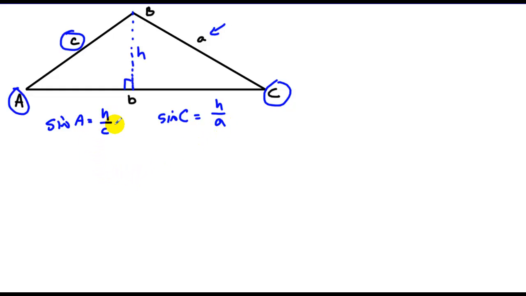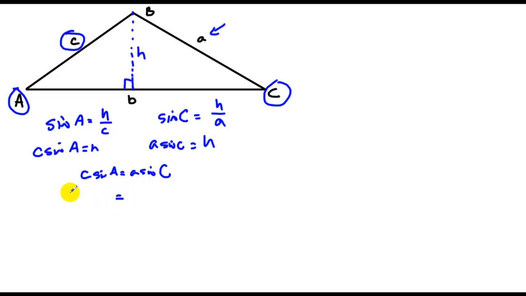Now, doing a little bit of algebra, I can multiply c to both sides, and I get c sine A is equal to h. And multiplying a to both sides, I have a sine C is equal to h as well. Therefore, since I know both are equal to h, I can say c sine A equals a sine C.